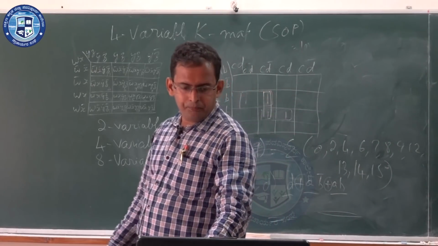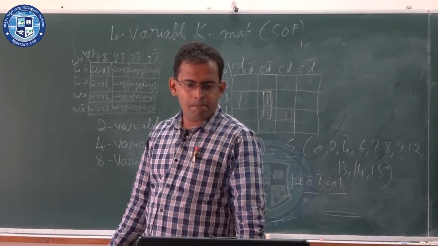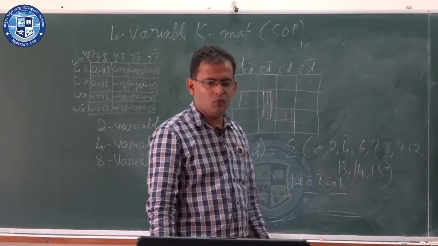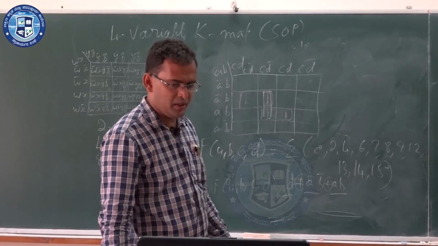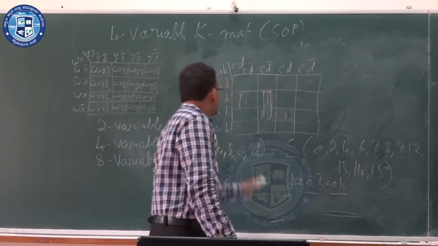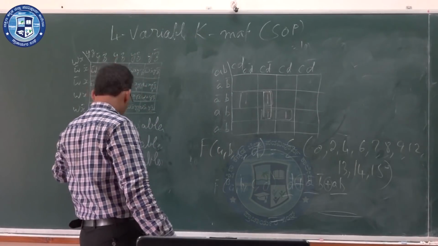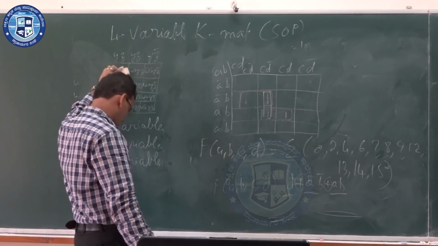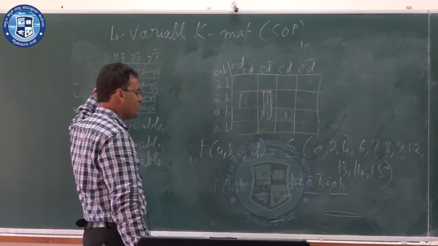Next, we will look at one more problem, then maybe we would go for the product of sums. Now, having learned all the types of K map, that is 2 variable K map, 3 variable K map and 4 variable K map.